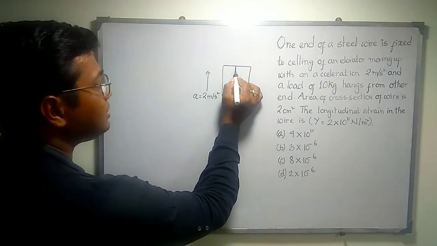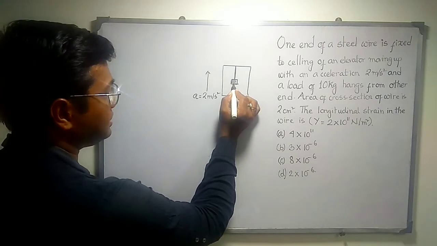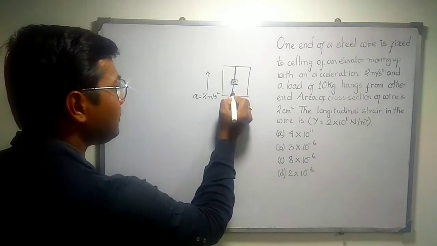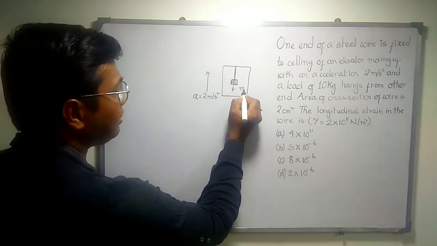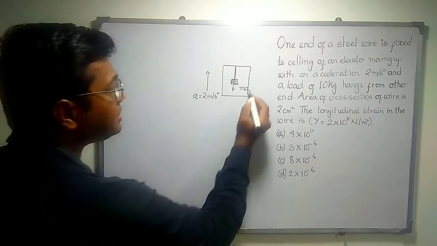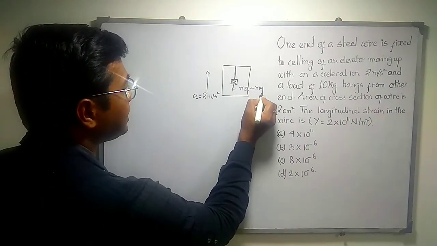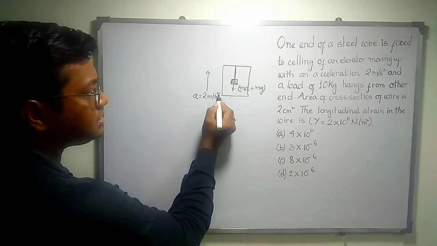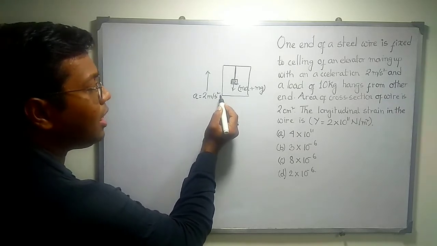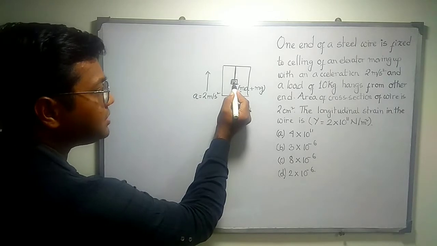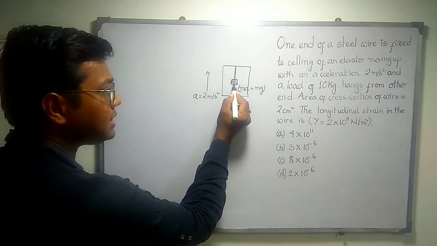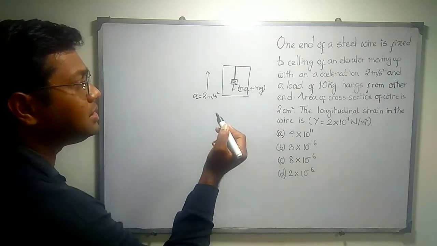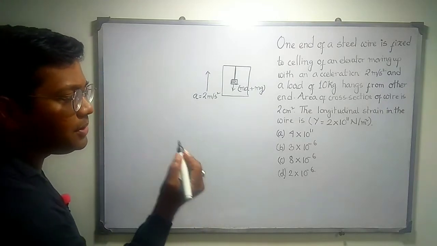Let us understand what force is acting on it. Since the elevator is moving upward, the reaction force is acting on it, and that is equal to ma. In addition to that, the gravitational force is also acting downwards. Since the elevator is moving upward, the reaction force acting on this mass is ma, opposite to its motion, and mg is the weight, the gravitational force.